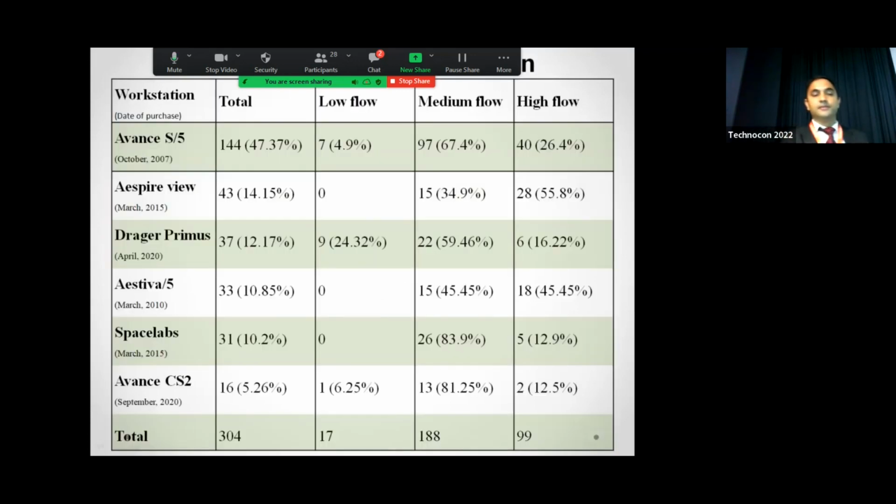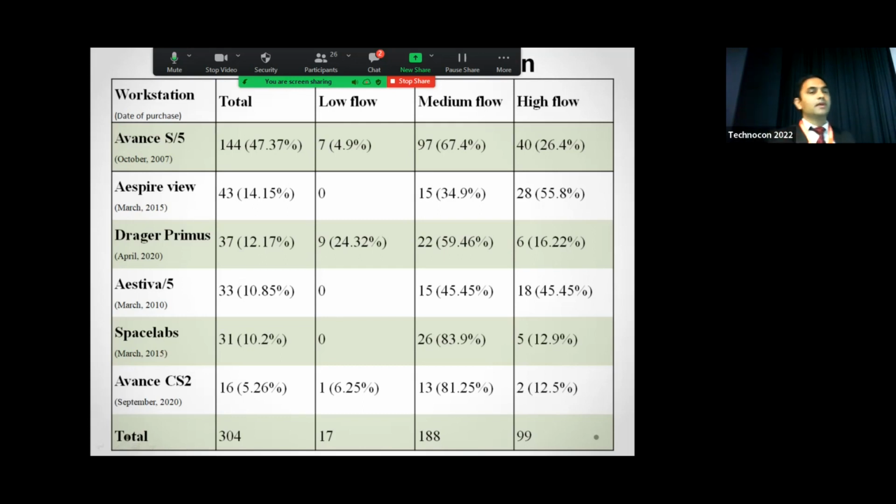If we look according to the workstation, most often low flow was used in the newly installed workstation, that was the Drager Primus. The reason I found during the study was that there is a special mechanism in the workstation, like an economizer, which shows the flow rate that is required for the patient after we enter the patient's weight and height in the system.